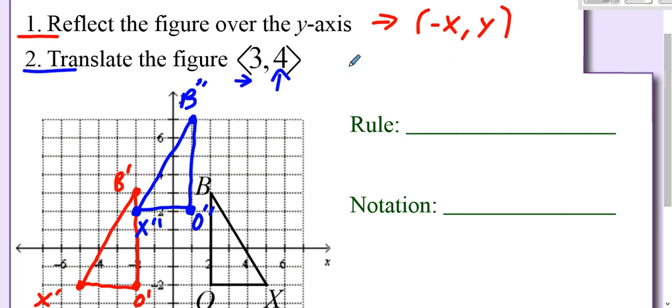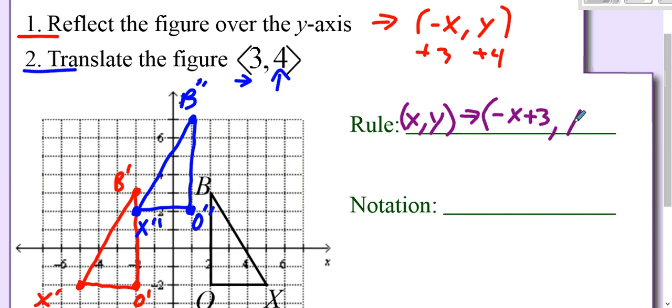And then the translate 3, 4 means that you're then adding 3 and adding 4. So when you put that together, it goes to negative x plus 3, comma y plus 4.